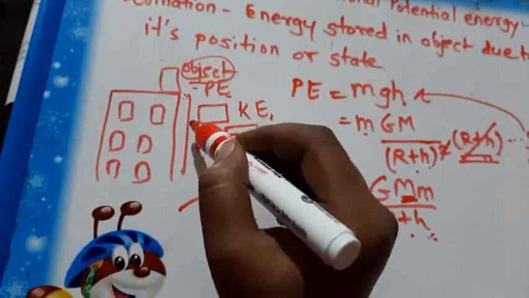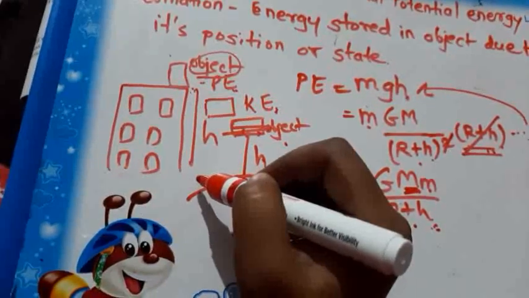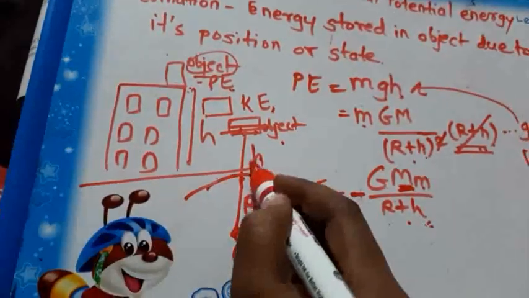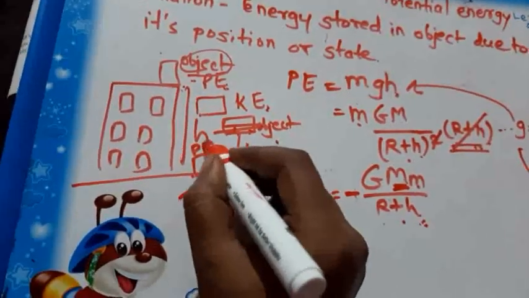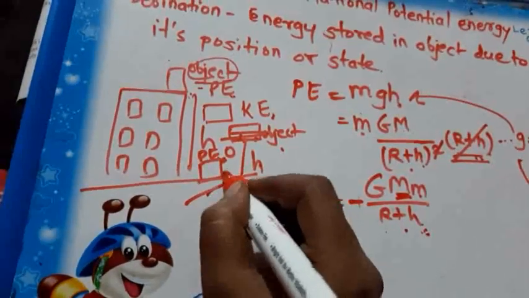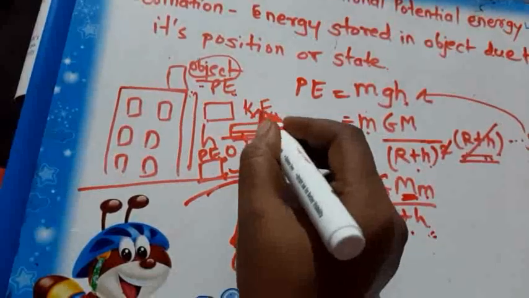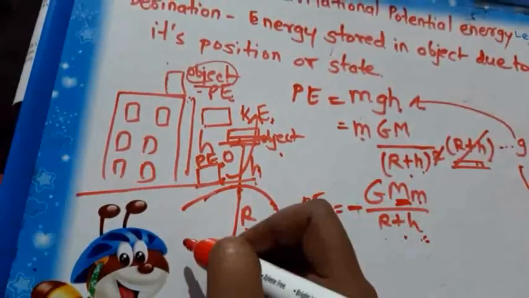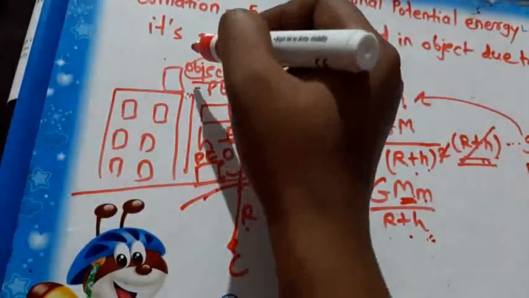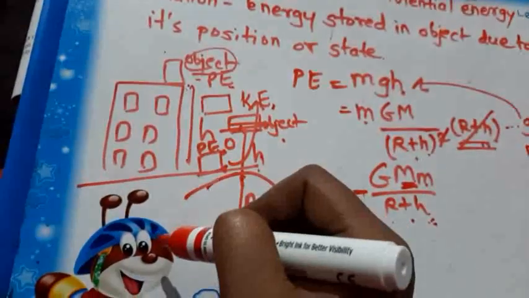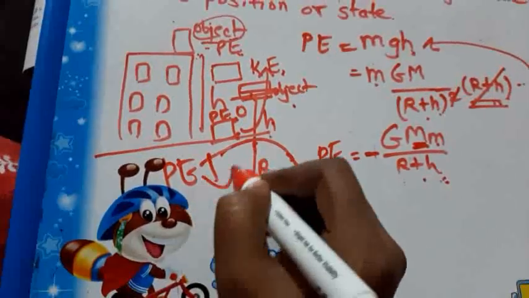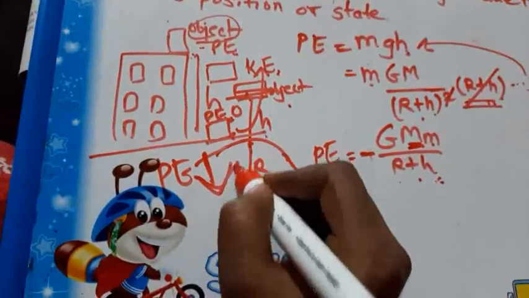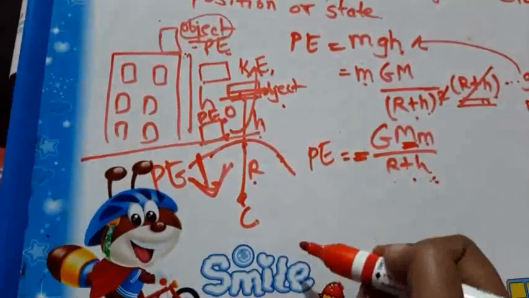As the object is coming down, potential energy reduces, and when it reaches the surface of earth, P will be 0 at that time, and it will only have kinetic energy. So when the object is moving from a particular height towards the earth, its potential energy decreases, and this decrease is shown by the negative sign.